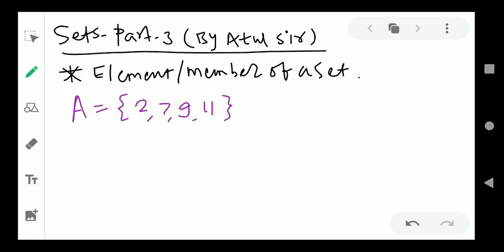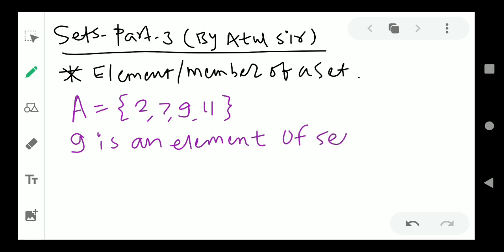Here you can see 9 is an element of set A. It means 9 is an element which is included in our set A. So mathematically we can write this statement using a special sign. What is our statement? 9 is an element of set A.